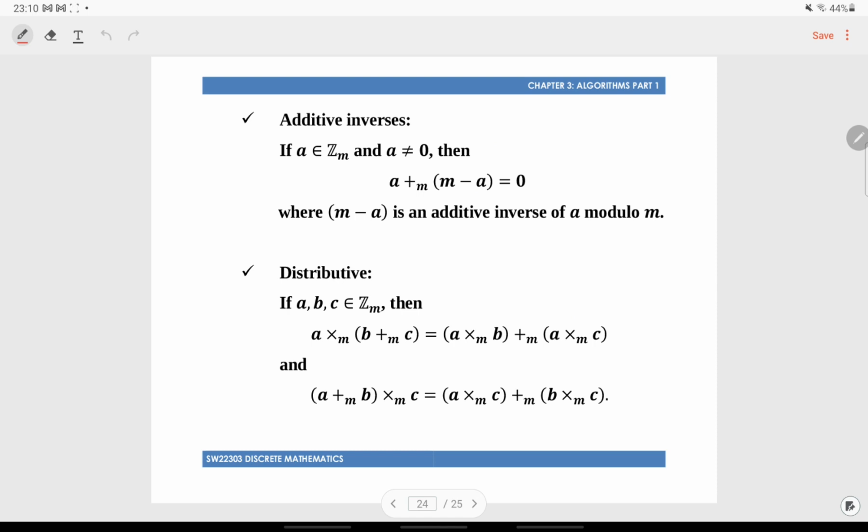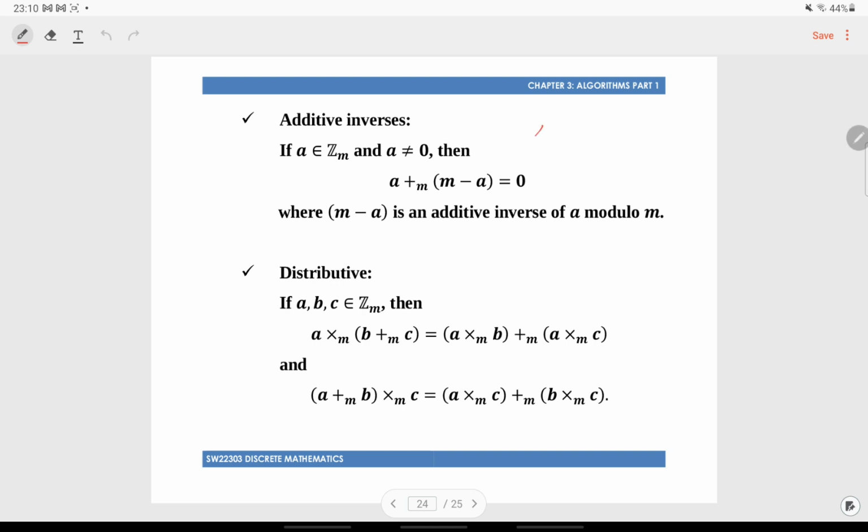Okay, because we have identity, that means we have inverse. If a belongs to the set of integers modulo m and the integer a is not equal to 0, then a plus (m minus a) equals 0 mod m.